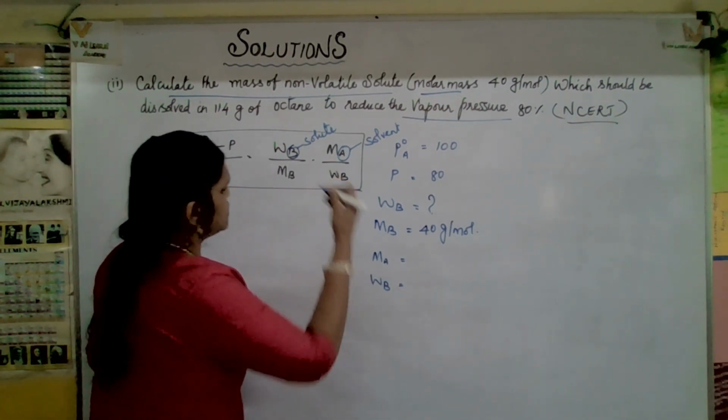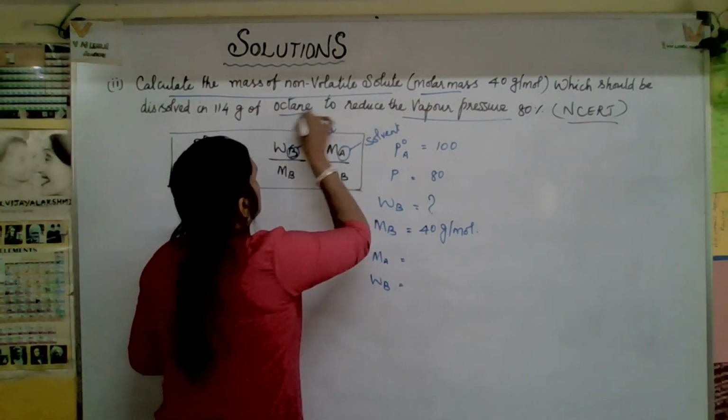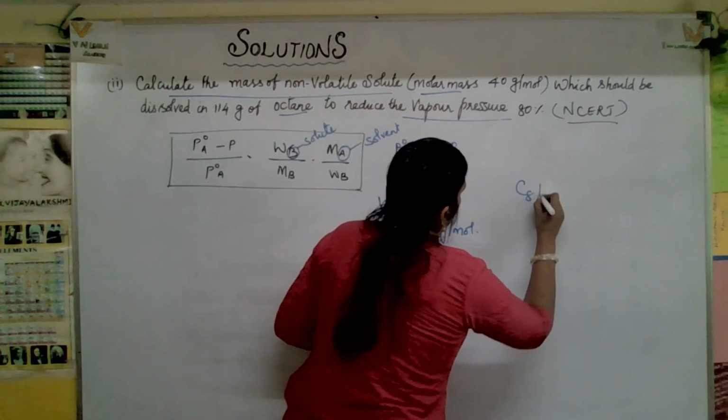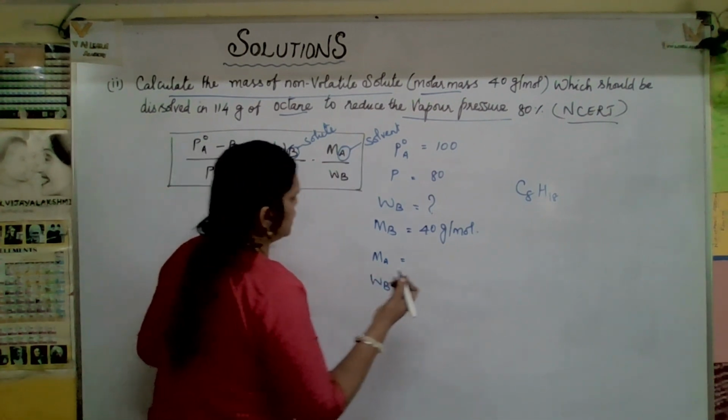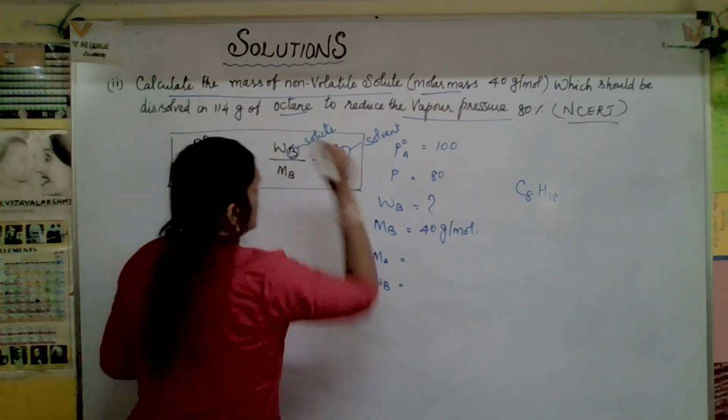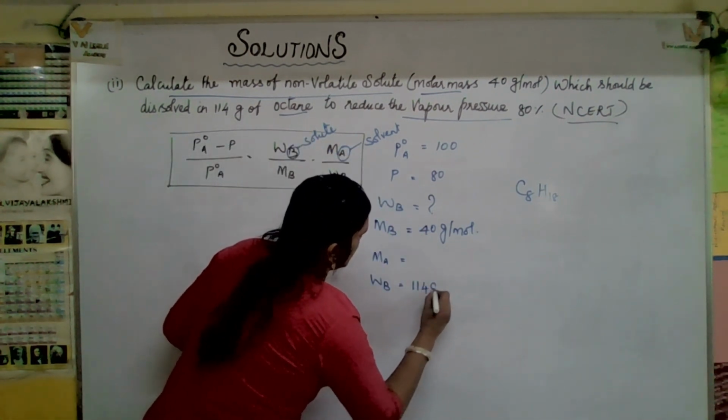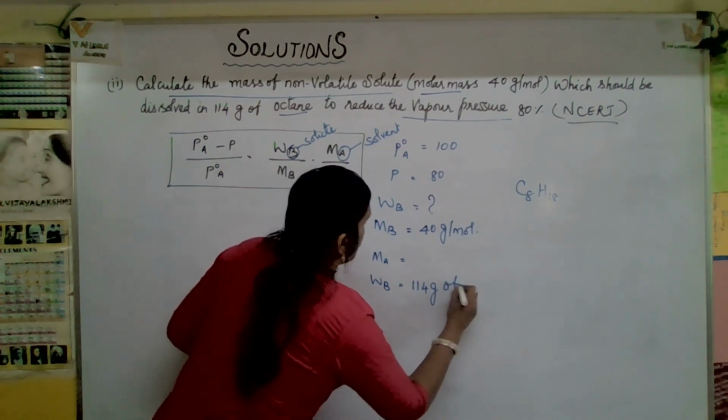So the molar mass of the solvent, octane, C8H18. Calculate the molar mass of that solvent. Here they have given 114 gram of octane.